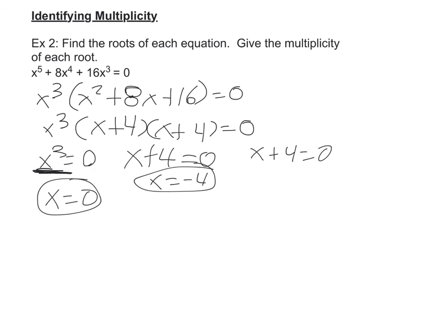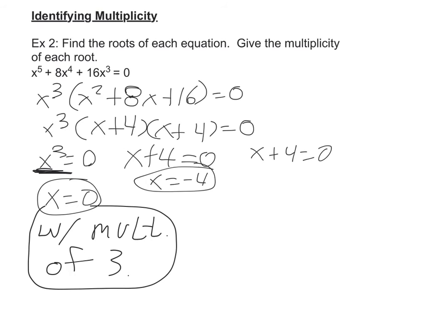So when we give the multiplicity for this particular problem, we say x is equal to 0, and then it's going to have a multiplicity, I'm going to abbreviate, of 3. So once again, what does this mean? Well, it's telling us that 0 is a root, but the multiplicity is just indicating, hey, we had this exponent of 3, so that root appeared 3 times.